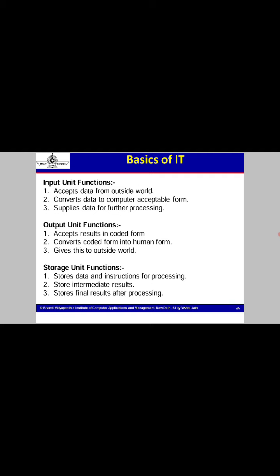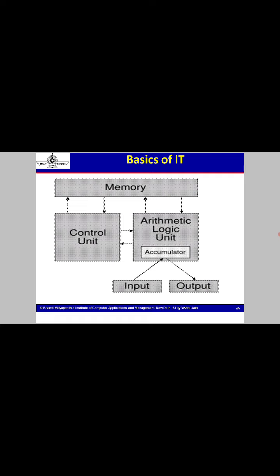So the storage unit or memory is used to store data and instructions for processing, temporary intermediate results, and final results. This is another diagram of the working of a computer or central processing unit.